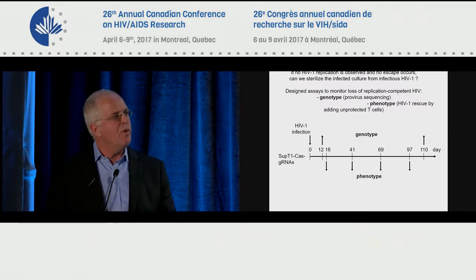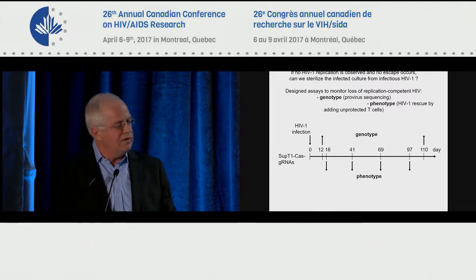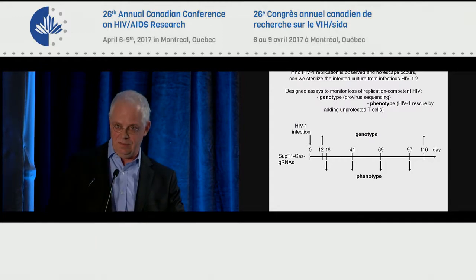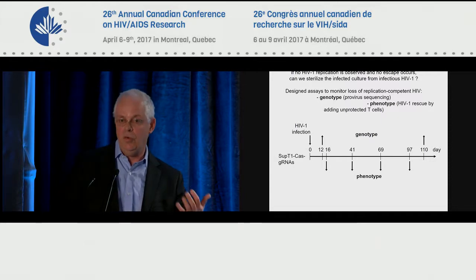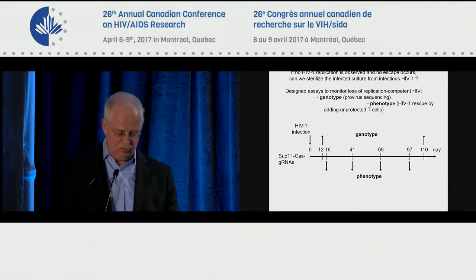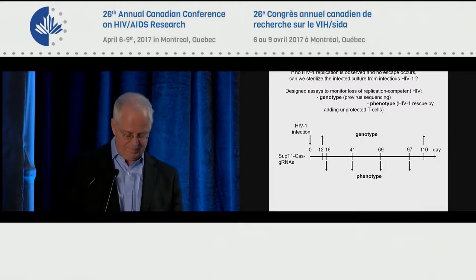Then probably even more important is whether there still is some infectious virus present in these cultures. And we are going to do that by simply taking an aliquot and transferring that into a culture of unprotected, normal T cells, actually a T cell line that we use, just to score if there's any infectious virus left.